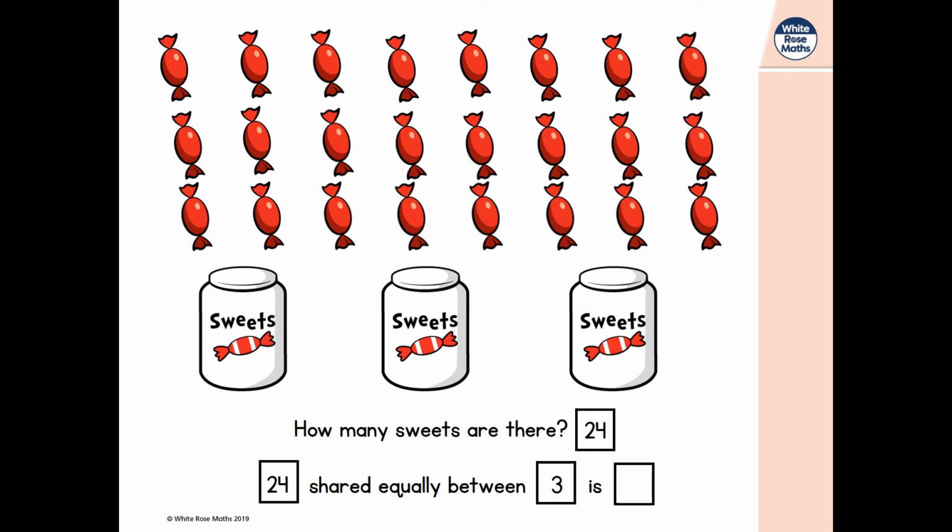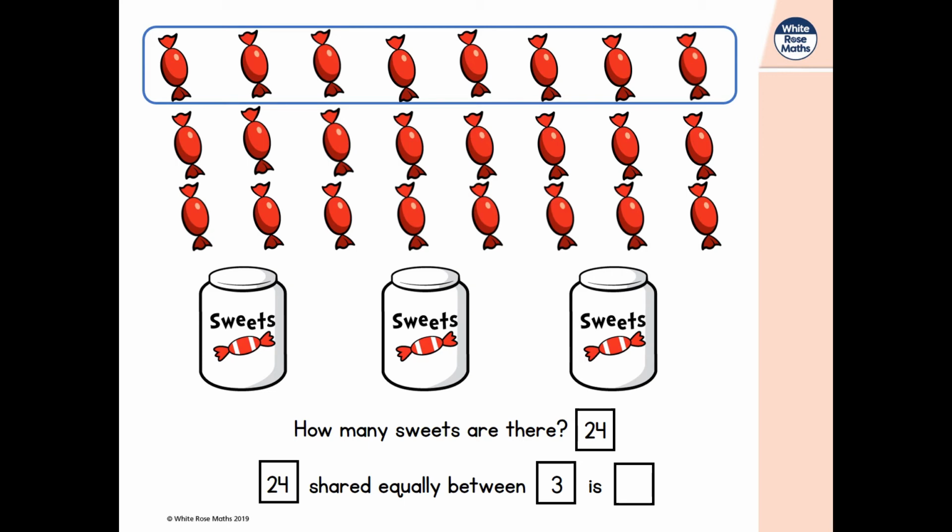Well, I'm glad they're in rows and columns, and I guess we could just try by drawing some circles around them or looping them. Can you see how we would group them? Oh, the top row. The top row could fit into 1. And another row would make 2 equal groups.